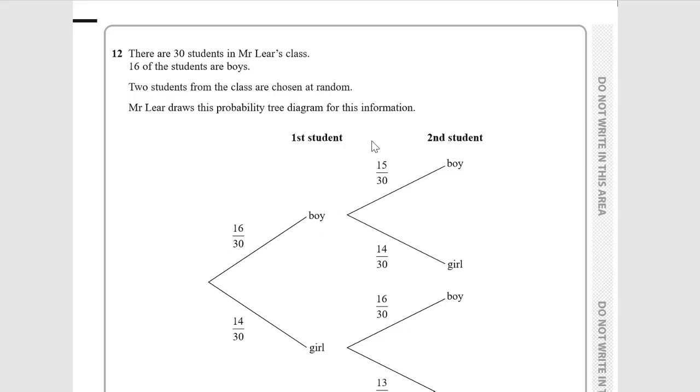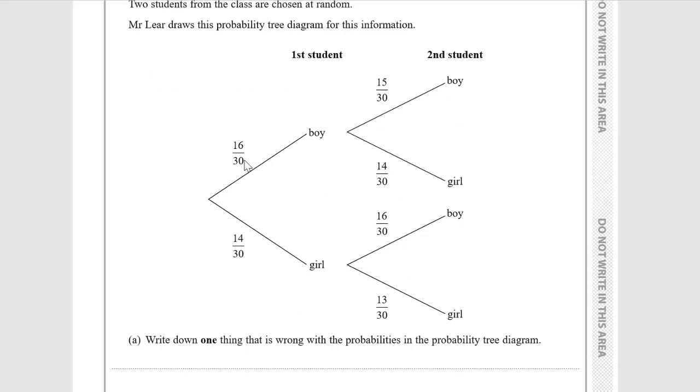If he picks one, then you've got 15 out of 30 boys left. 16 out of 30 are boys, so that means 14 out of 30 are girls. And then if he picks a boy the first time, then there's still 14 girls left remaining. Whereas if he picks a girl the first time, then there's still 16 boys remaining, and 13 girls. So write down one thing that is wrong with this probability tree diagram.